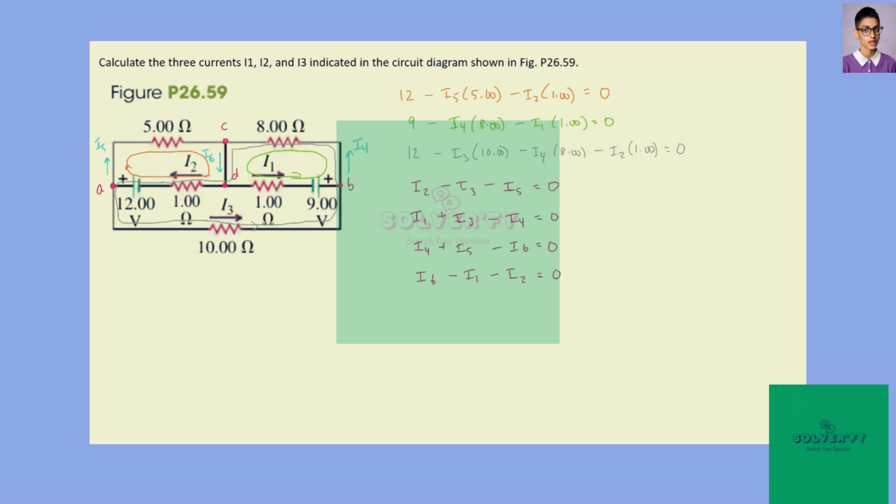We really have I4 and I5 coming into junction C, and then I1 and I2 leaving. So we could go ahead and combine these last two. We could have I4 plus I5 coming in minus I1 and minus I2 coming out. And so this now gives us 6 equations that we can use.